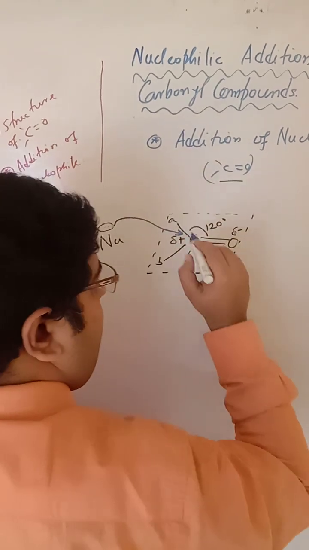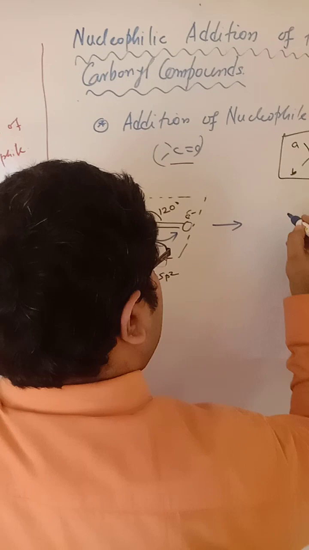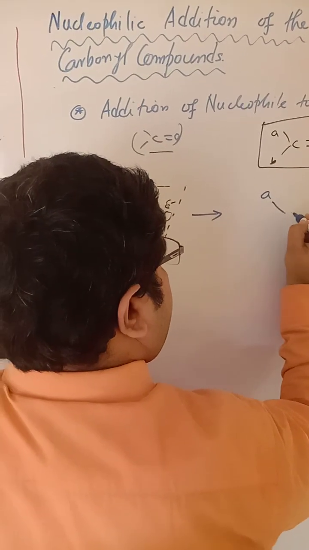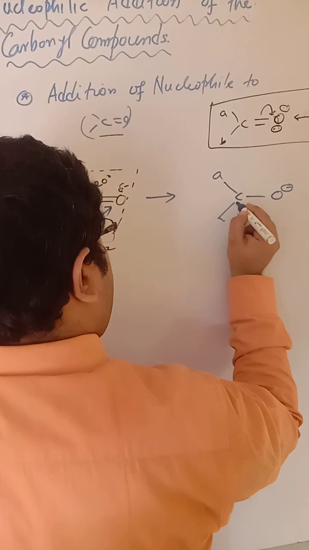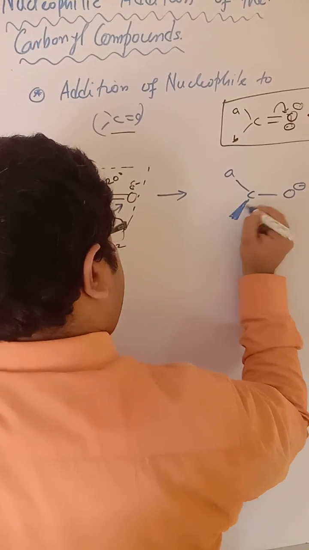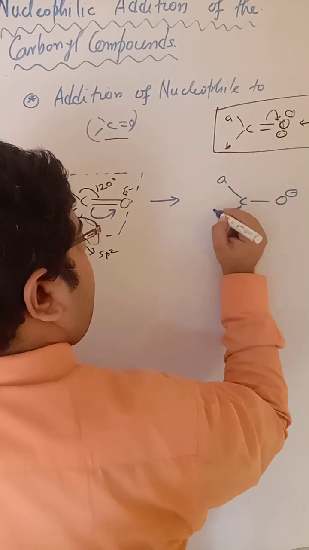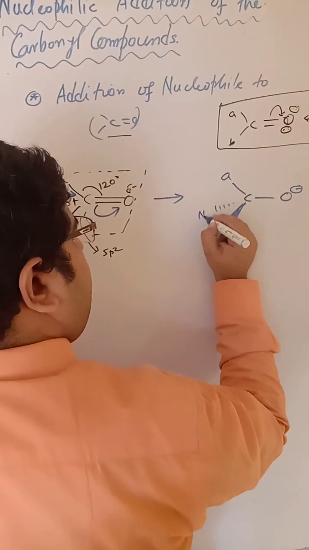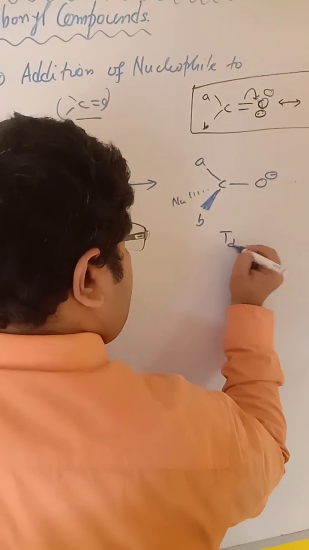It attacks the carbon, and this bond rips off like this, and you get a structure something like this: a carbon, oxygen negative. This is the group called B, and here you have put the nucleophile. So this is the flying wedge structure showing the tetrahedral structure.